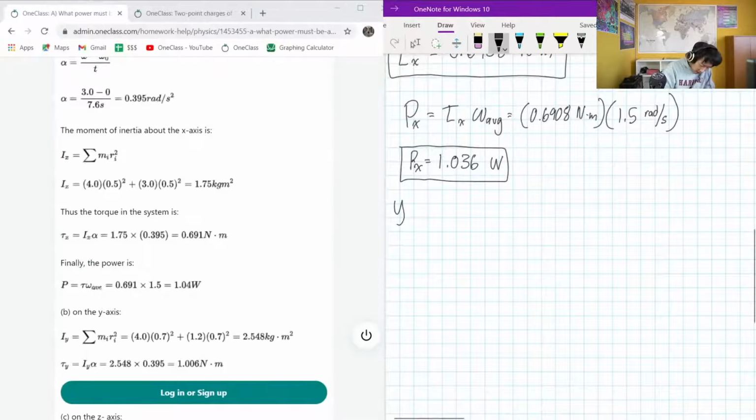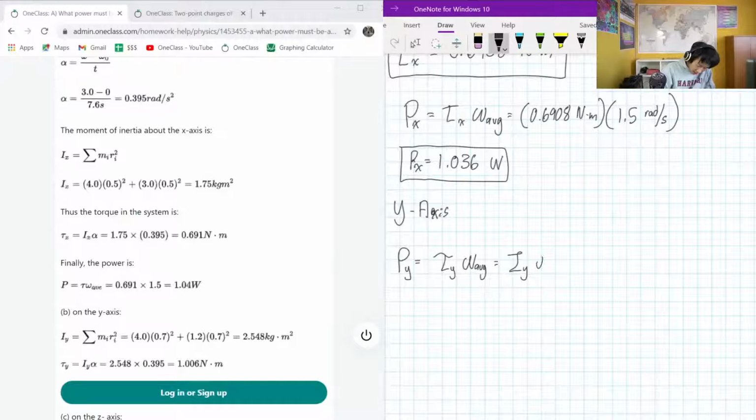So now the y direction, or the y-axis. We know that the power is going to be equal to the torque in the y multiplied by omega average. And we know that the torque in the y is going to be the moment of inertia in the y multiplied by the angular acceleration.